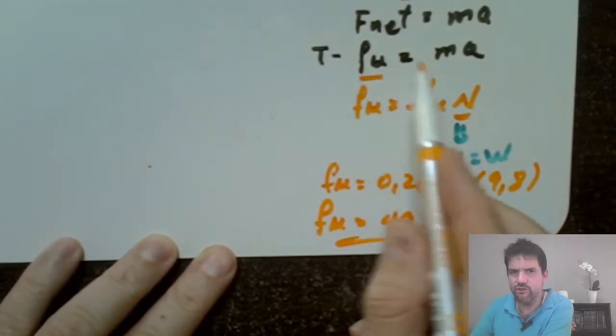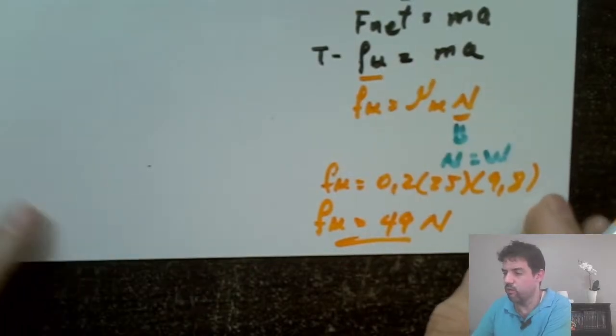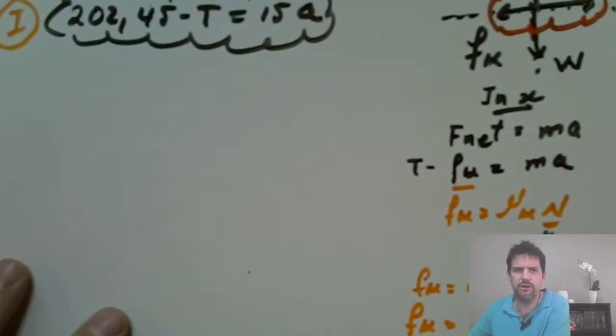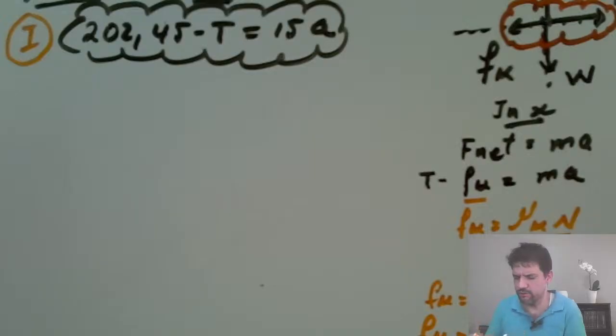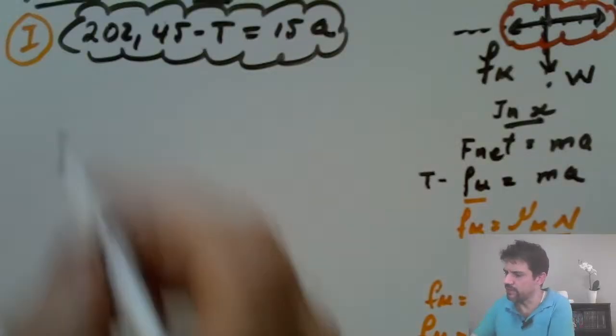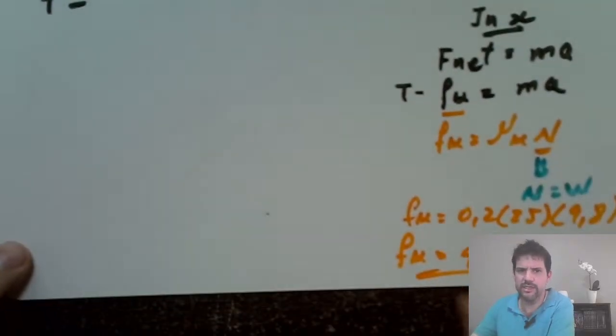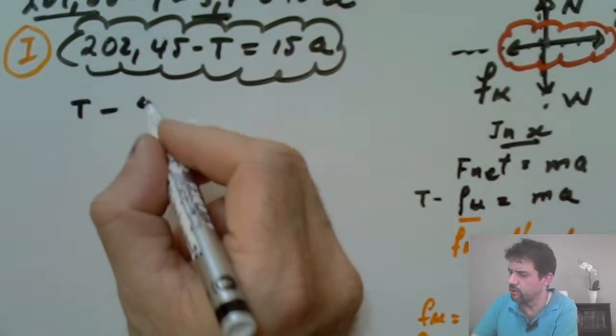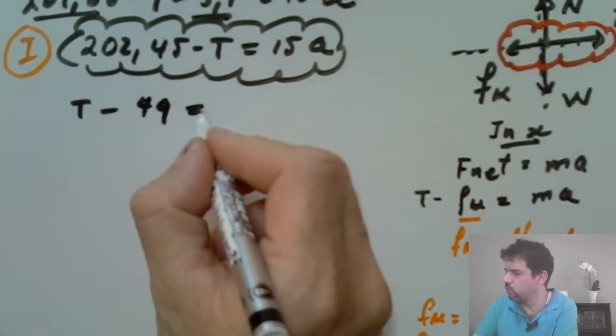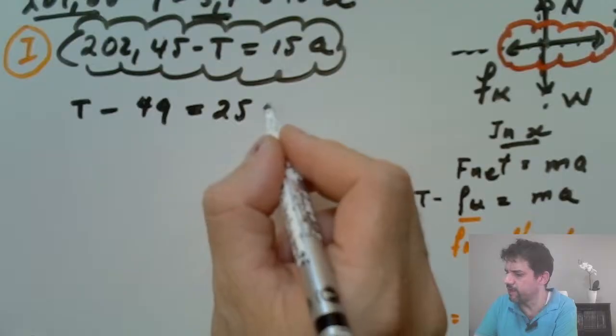Then we can substitute in here. We are going to do that right below the other equation, because why not? So we're going to have T minus kinetic friction, which is calculated at the bottom as 49. So it's T minus 49 equal to 25A.